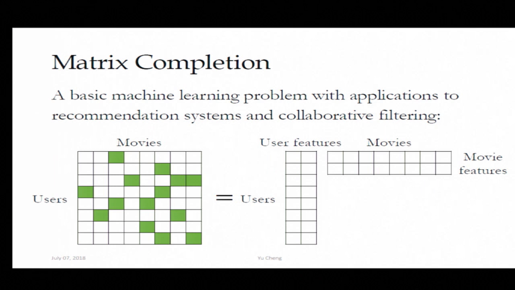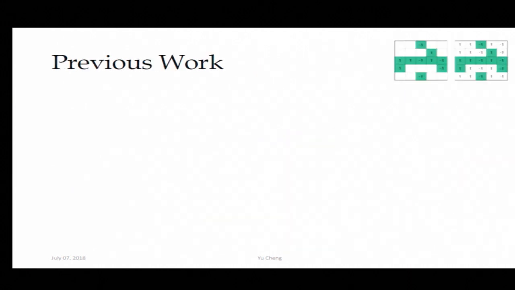The reason you believe this matrix is low rank is, say, you think every movie can be summarized by some features, and the number of features should be much smaller than the total number of movies. And you want to predict other entries because you want to sell movies to people.